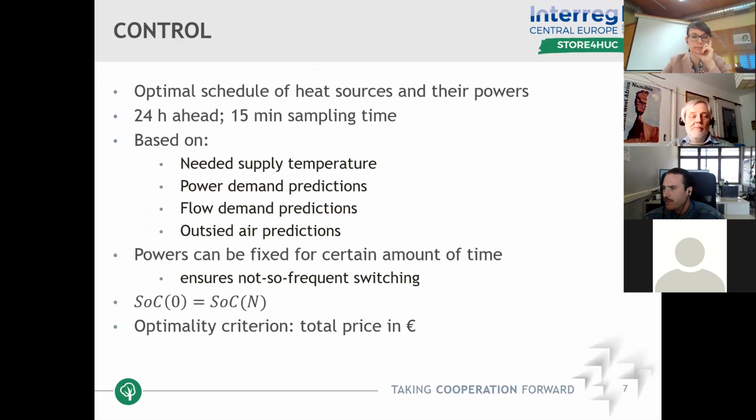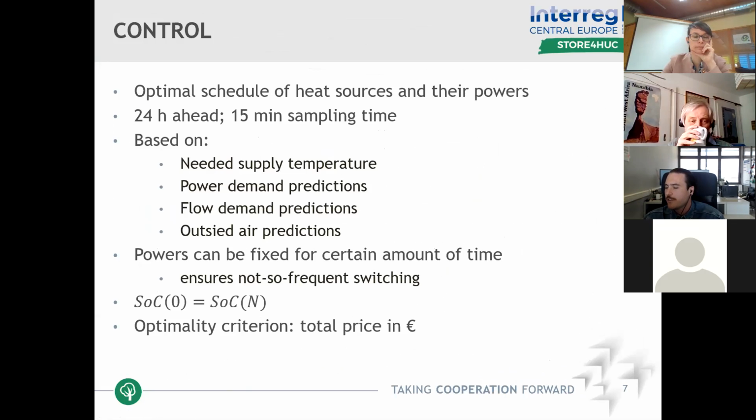Now that we have the model, something about the control: we optimize the schedule of heat sources and their powers. If we have two boilers and we predict 24 hours ahead with 15-minute sampling time, we would actually have 96 values for two boilers.